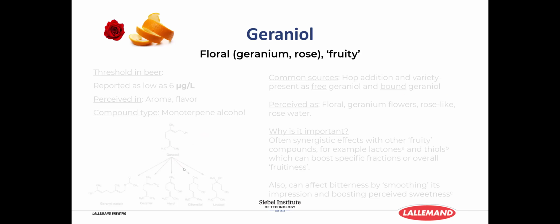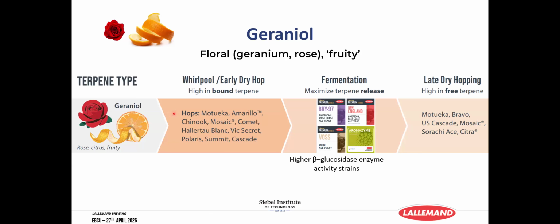How to get it to smell in your beer? In the whirlpool, at lower temperatures than 100 degrees, obviously. You want these bound terpenes to survive in the wort, so that yeast strains that have the ability to express beta glucosidase can act, or you can add beta glucosidase.